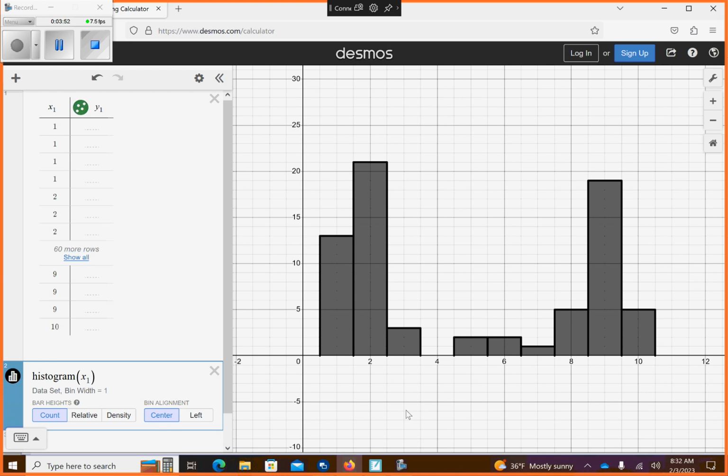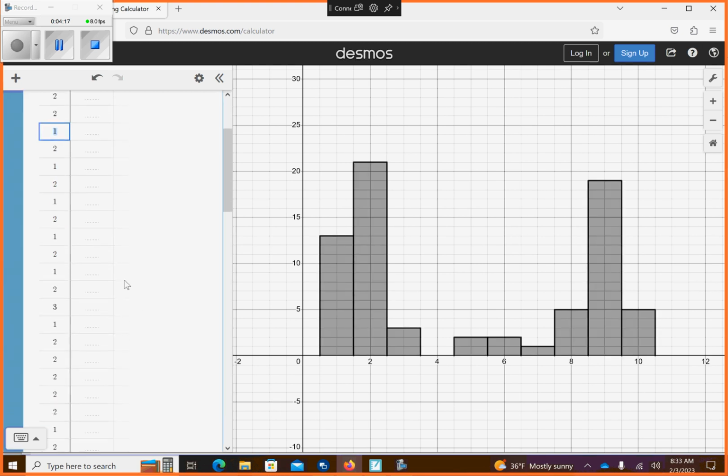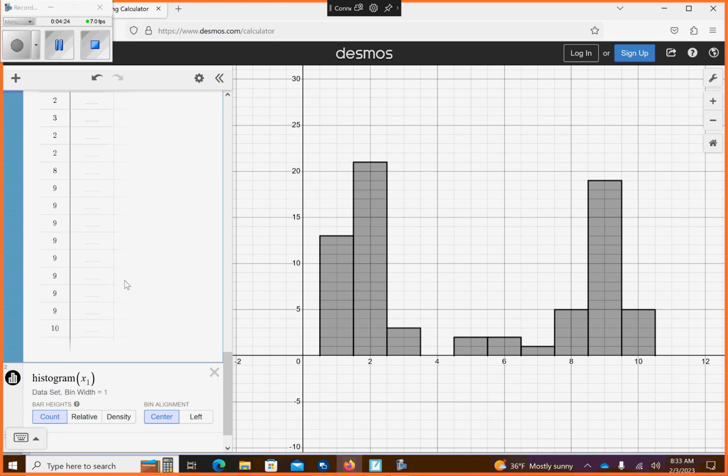So as I add more and more data to this, let's say it's even more and more bimodal as we have collected the data on it. So bimodal is not a normal distribution. Agreed? And I realize I have like 60 or 70 pieces of data in there. But if I show all, it's an incredibly long piece of data. These are just scores that I fictitiously made up, but just pretended that they exist.